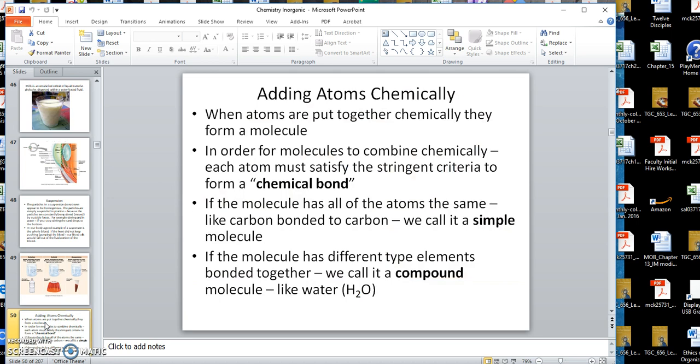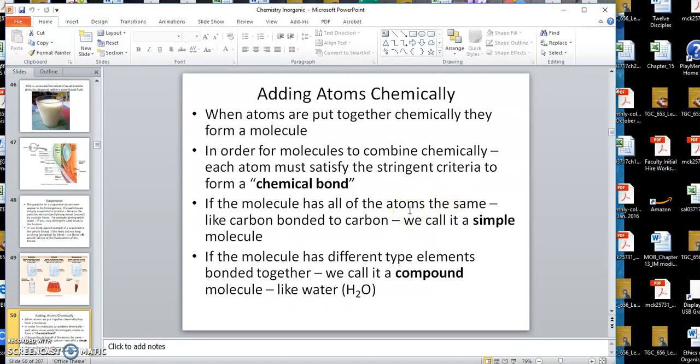Okay. When you are putting particles together chemically, you form a chemical bond. In order for chemicals or atoms to be combined chemically, there are several criteria that you have to satisfy.